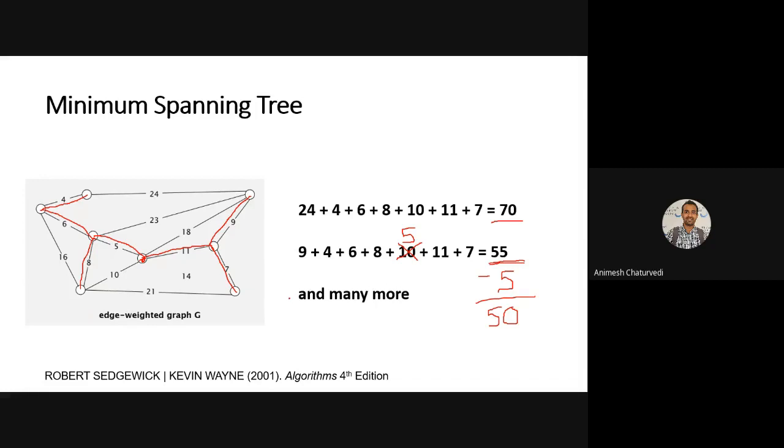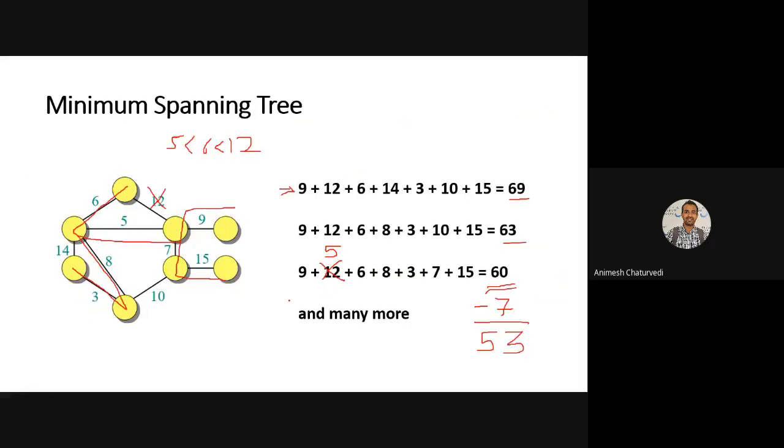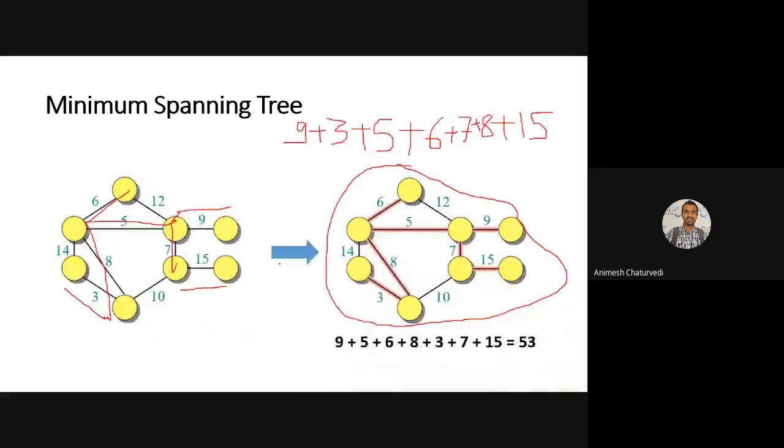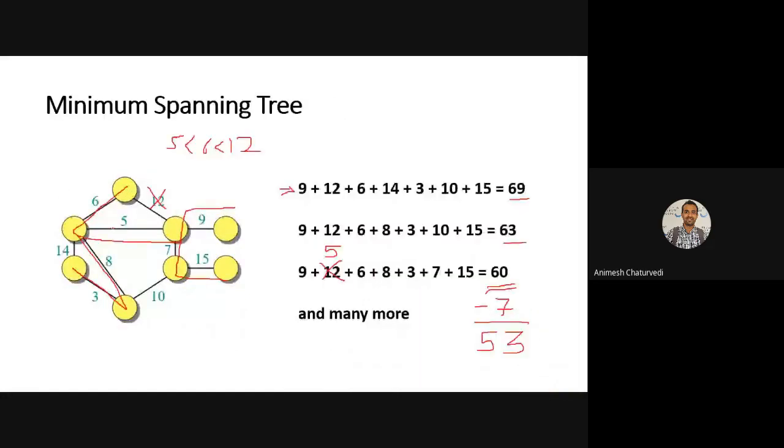This was the purpose of that cut set proof theorem that we had seen just here. So this was the purpose, that this was being removed and E was being created, because E is the part of the minimum weighted crossing edge. So what does it mean? The 5 that we had created over here is actually the part of the minimum crossing edge.